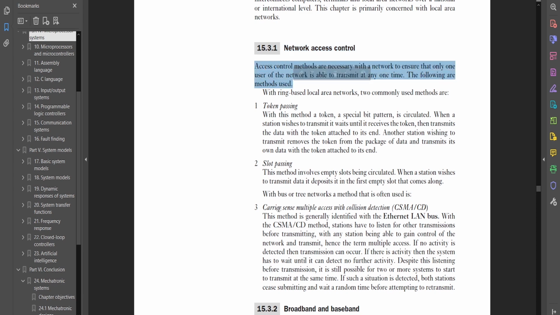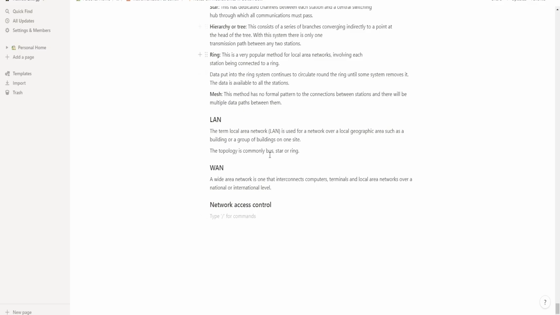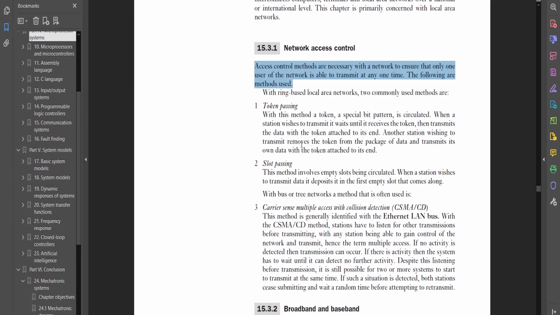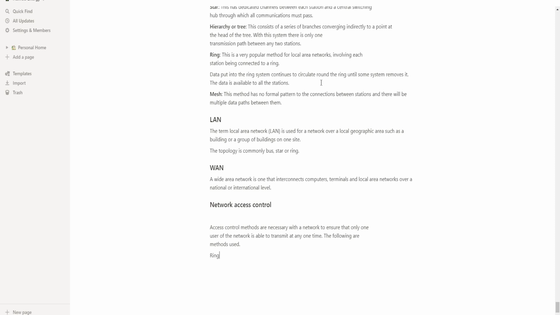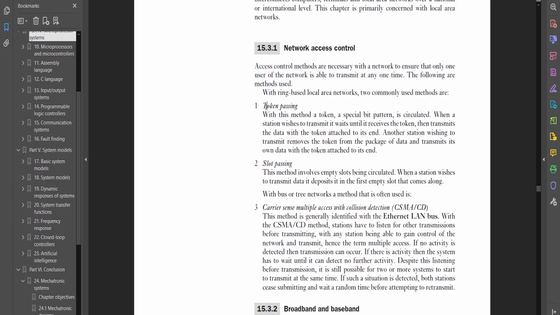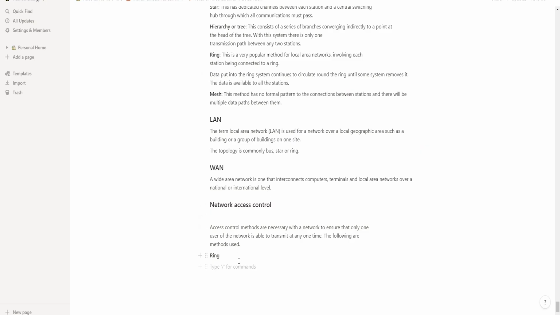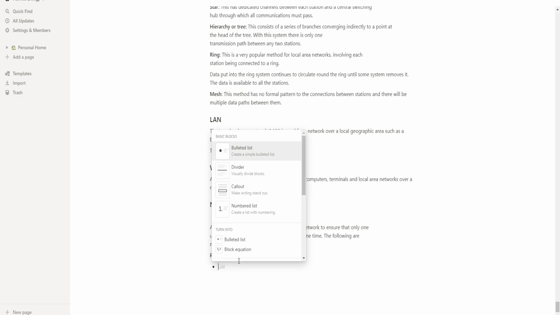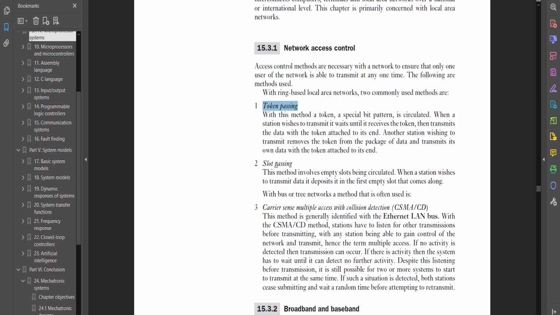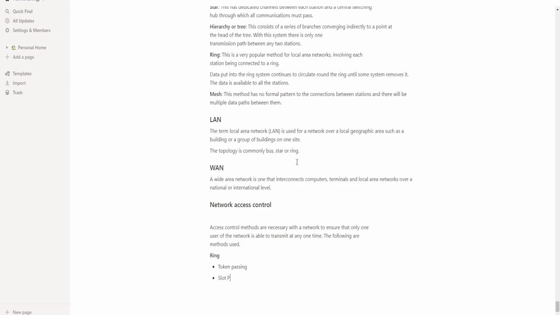Okay, so we can copy and paste that bit in, fine. And then ring, right? They use token passing, slot passing.